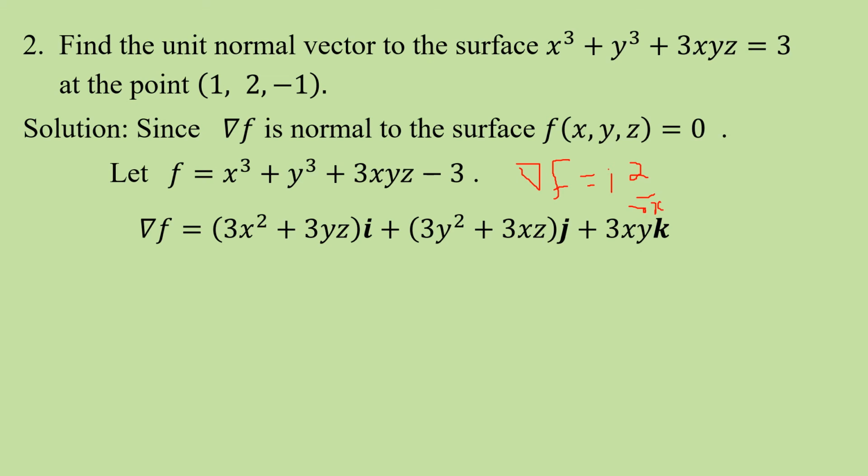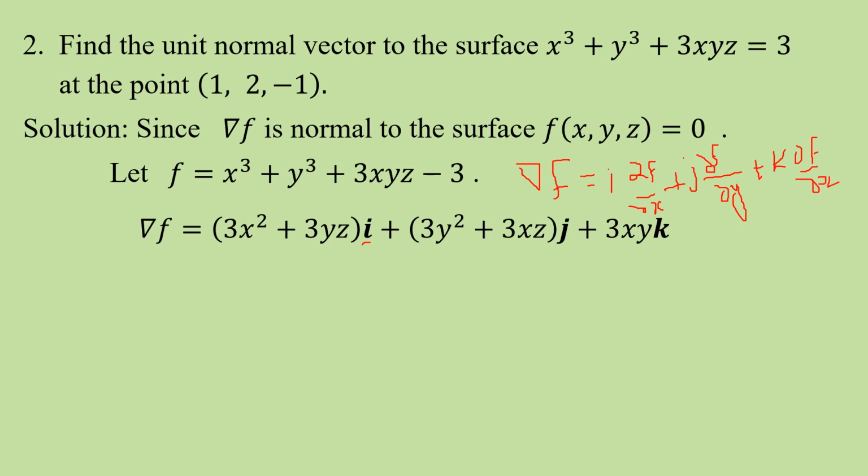So partially differentiate f with respect to x. That is the component of i. Similarly, the component of j is ∂f/∂y, differentiating partially with respect to y, and the component of k is ∂f/∂z. Using this definition of gradient f, I got all three components.